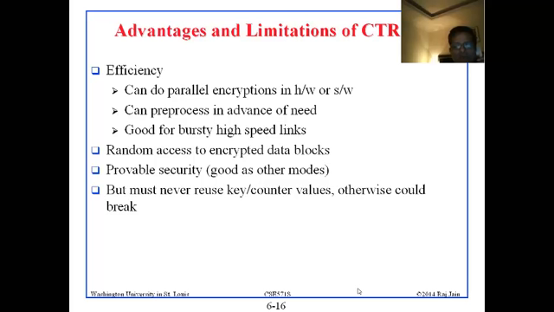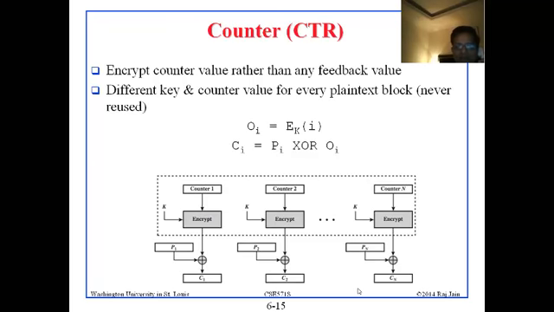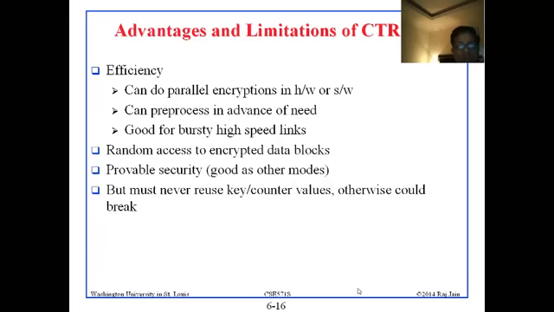Random access to encrypted data blocks is another advantage. You could go to block P2 before block P1, or block Pn before P1, and just imagine if these are not the blocks which are being transmitted on the wire, but are being stored on the disk, encrypted blocks which are stored on the disk, you can read any block and decrypt it. Right?